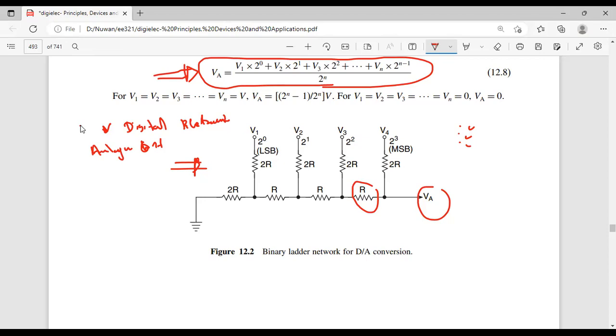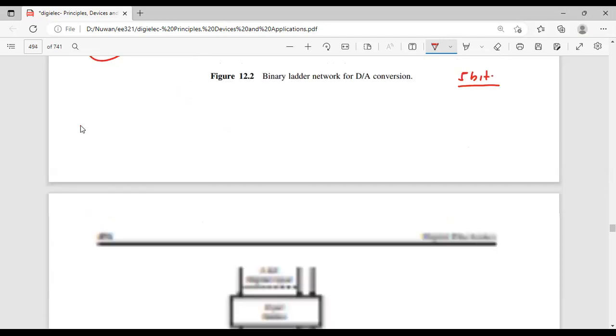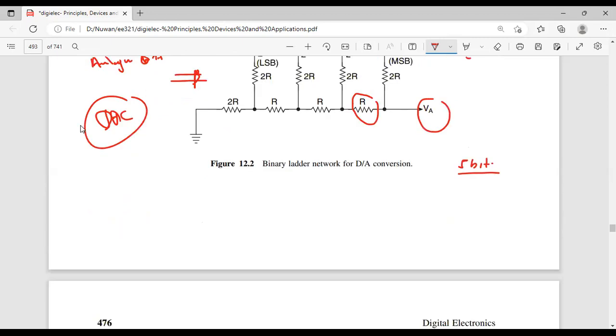So you will get this kind of DAC implementation, and maybe you have to assign some voltage for 1 and 0. Let's say you are asked to make a 5-bit DAC. There can be 2 to the power 5 combinations, 32 combinations: 0 0 0 0 0, 0 0 0 0 1, 0 0 0 1 0, 0 0 0 1 1, like that.